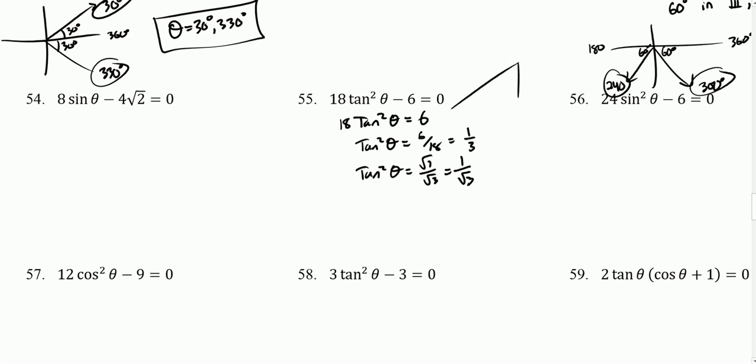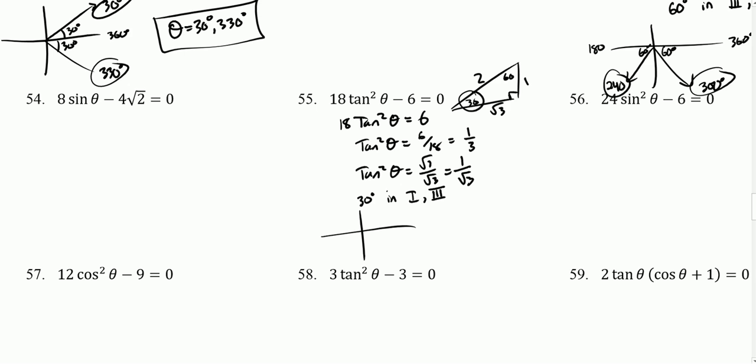Think about the 30, 60, 90 right triangle again, with side lengths 1, 2, and root 3. Tangent is opposite over adjacent. So 30 is our angle we're after, because if you go opposite over adjacent, you get 1 over root 3. So 30 degrees, and tangent is positive in quadrants 1 and 3.